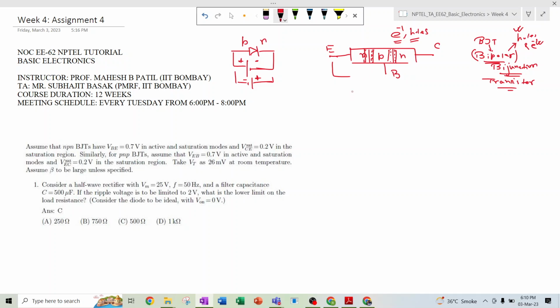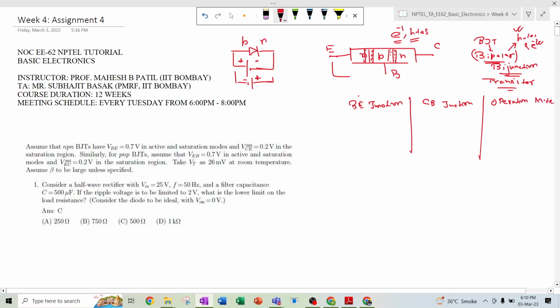So this is the mode of operation: the base emitter junction, the collector base junction, and this is known as the operation mode.